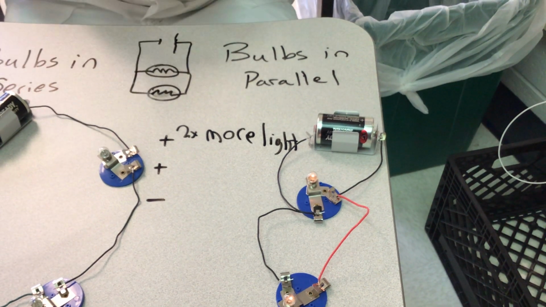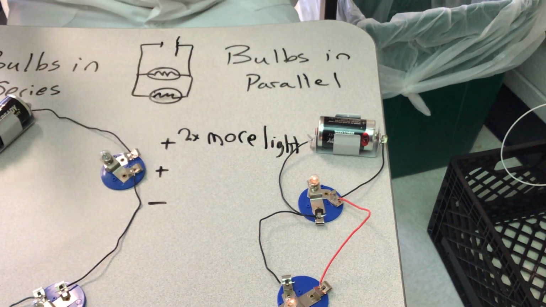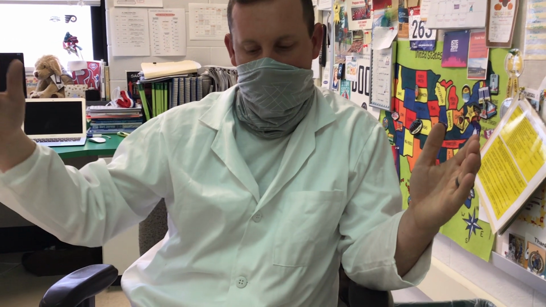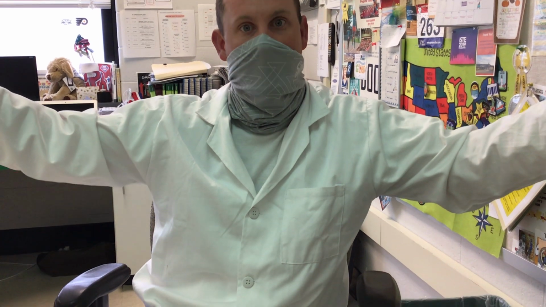So maybe we want to have multiple lights in a string, maybe like a holiday light, right? That as it goes through, we have a significant amount of light in a string that has a significant amount of brightness.